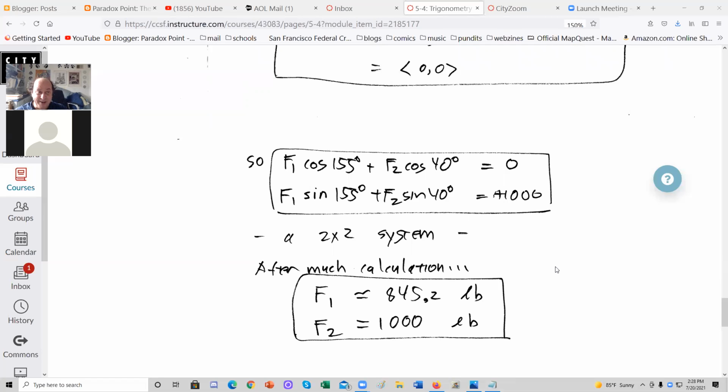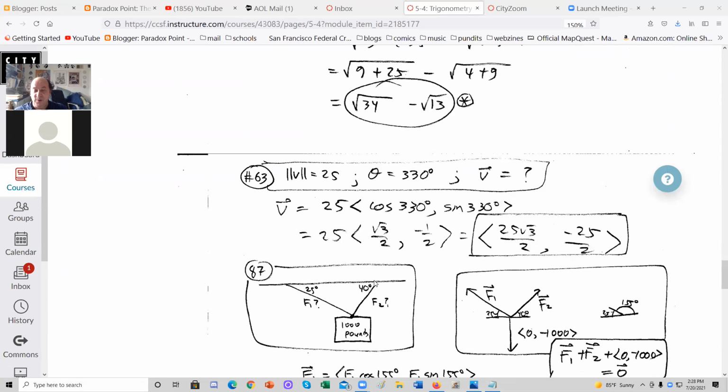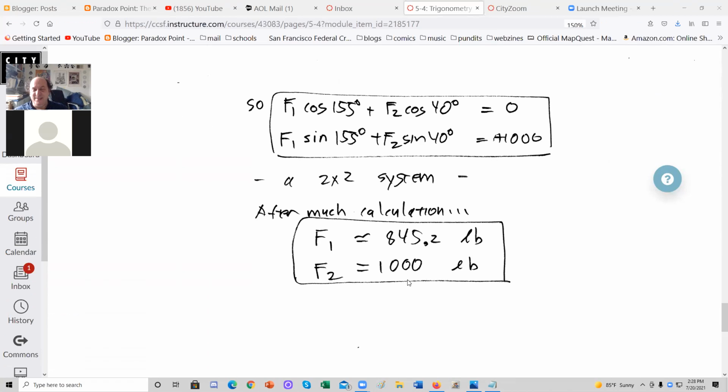I will not bore you with the details of calculating it. It's pretty routine. And we get that F1 is 845.2 pounds, and F2 is surprisingly 1,000 pounds, just as much force along here as along here. So I think that this cable here is entirely wasted. But never mind that. Those are the numbers.